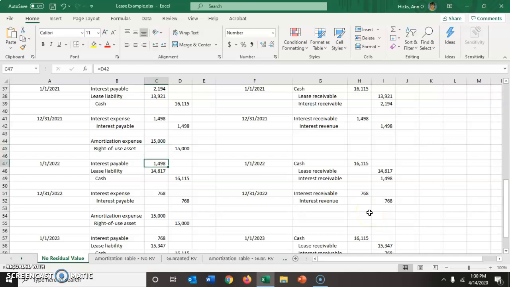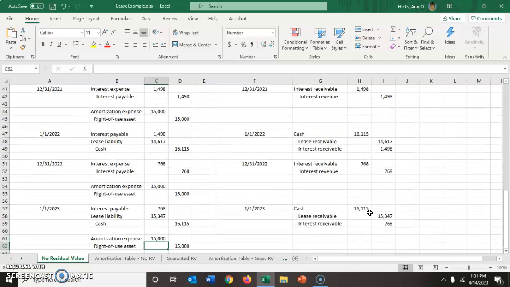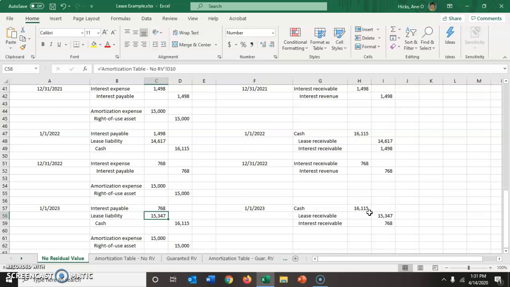January 1, we'll debit interest payable, debit lease liability, credit cash. 12/31/2022, we will record our last year of interest and amortization expense for the year. January 1, 2023, we will debit interest payable, debit lease liability, and credit cash.